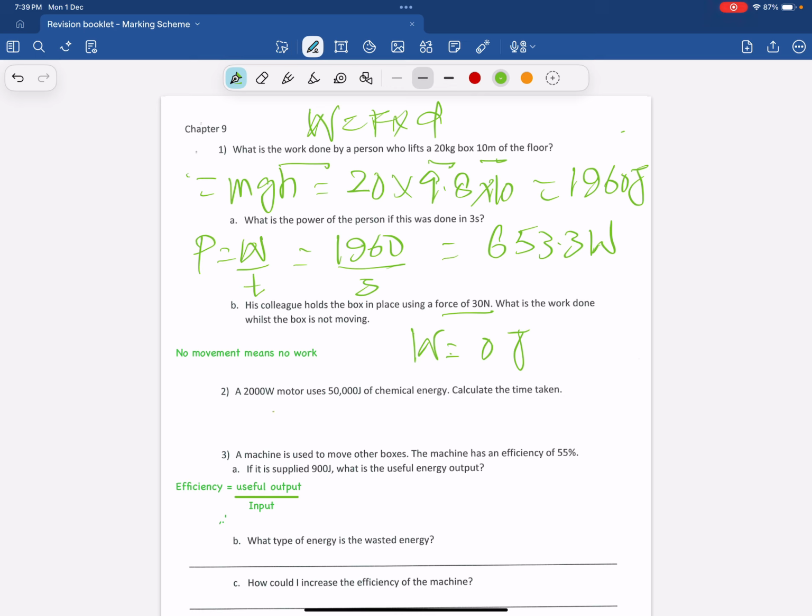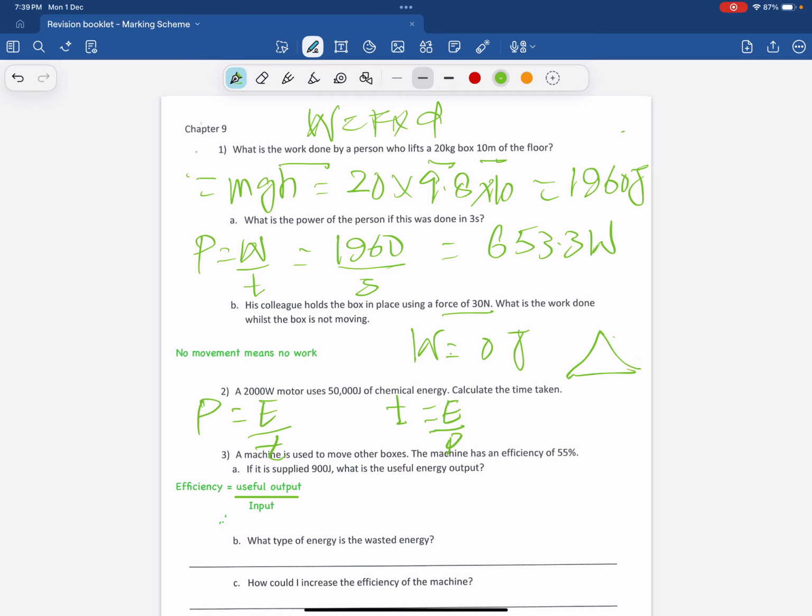A 2000 watt motor uses 50,000 joules of chemical energy, and you need to use that thing. You need to use the time, because we know power, we just discussed, power is equal to energy over time, or work done divided by time, but we need to find T. So T is equal to E over P. You need to make T the subject, or you can use a quick triangle here.